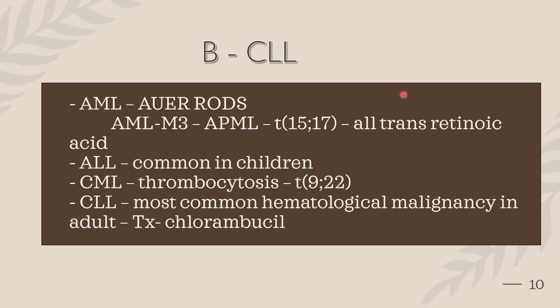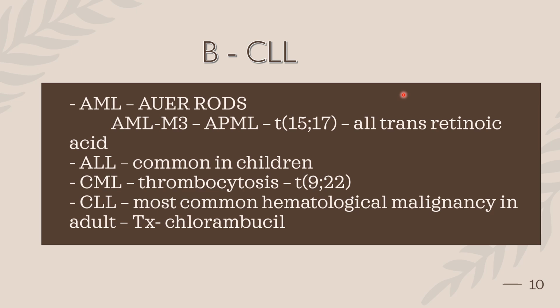So when you are given a presentation where the patient is in disseminated intravascular coagulation, where APTT is high, and there is low platelet, and the patient is in a consumptive coagulopathy stage, which is the DIC.